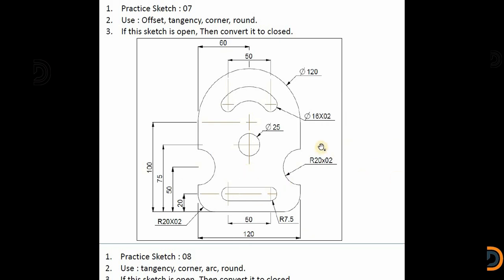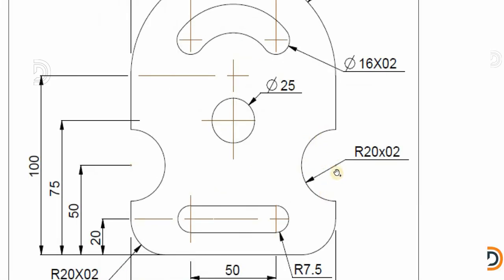Now after I see entities and dimensions, I will look for the constraints needed to make this sketch fully defined, or fully constrained. We can say this line is a horizontal line, this line is a vertical line, this slot is oriented horizontally, then the center of this arc is coincident on this vertical line.